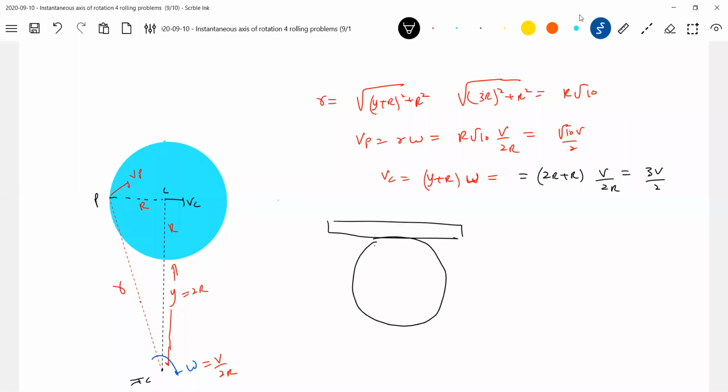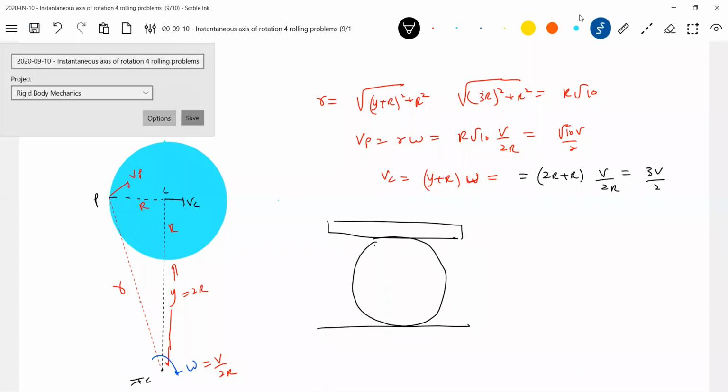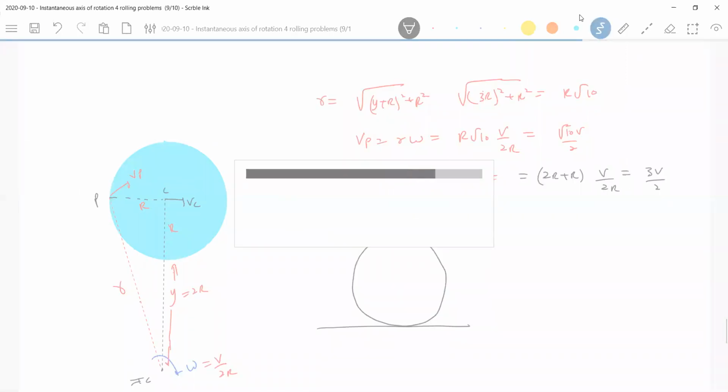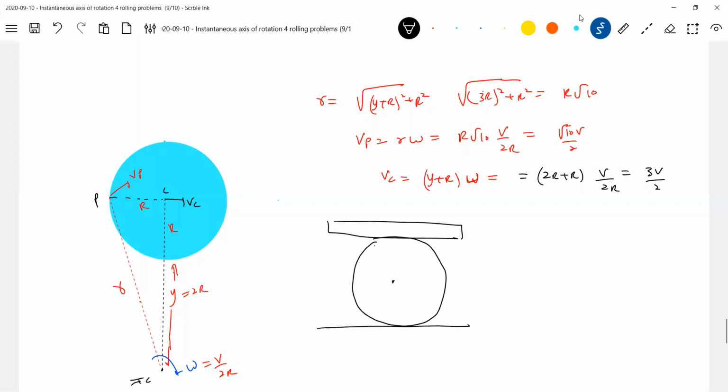The omega which I was showing about the instantaneous center, the same omega now I'll show about the center of mass. So now what has happened?